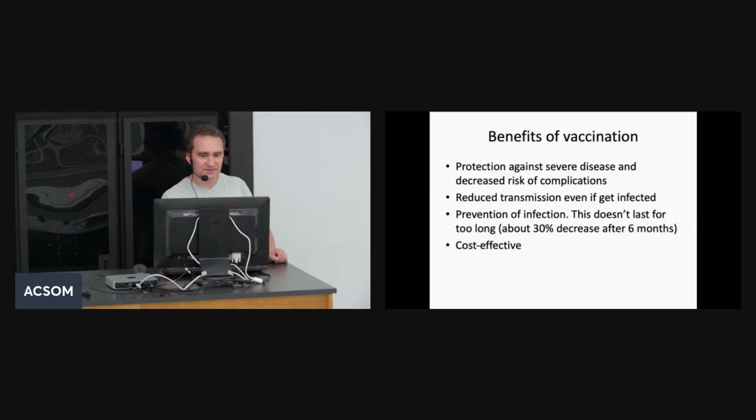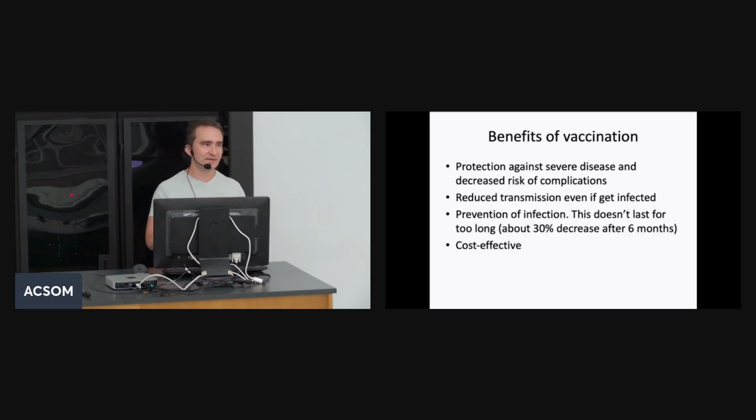So these are the benefits of vaccination. It protects against severe disease and decreases the risk of complications. It doesn't prevent transmission if somebody gets infected, but there are studies showing that it reduces transmission. It may prevent infection, but this doesn't last long, for different factors. If the virus mutates, then you're still going to get infection.